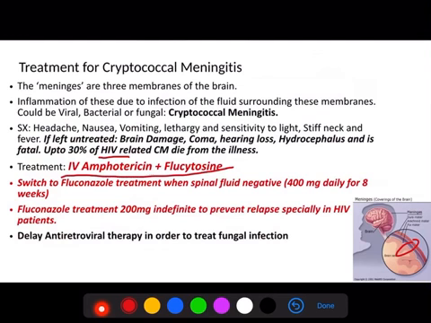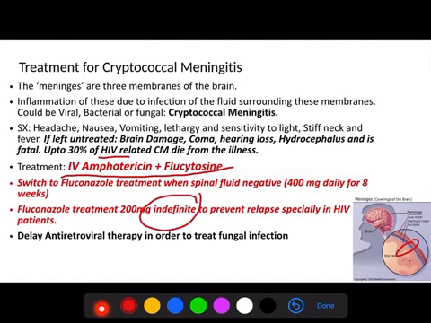Fluconazole treatment is continued for 8 weeks, moving to fluconazole 200 milligrams from 400 milligrams previously. This is continued indefinitely to prevent relapse, especially in HIV patients. An important aspect to consider in HIV infections is that if you have a patient with a recent diagnosis of HIV, you should delay antiretroviral therapy to treat fungal infections.